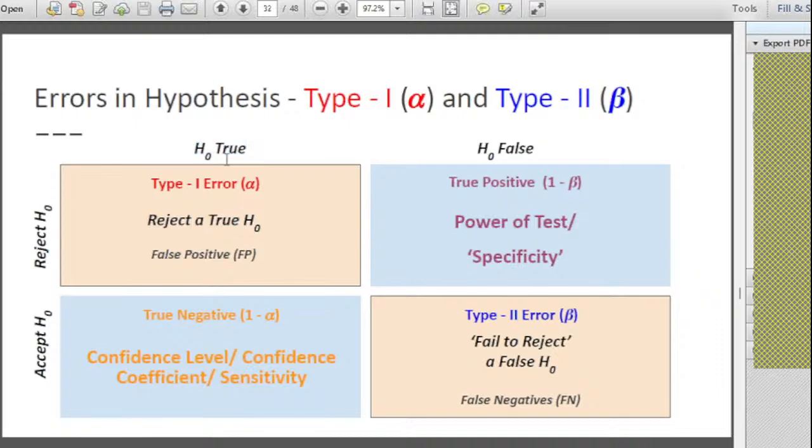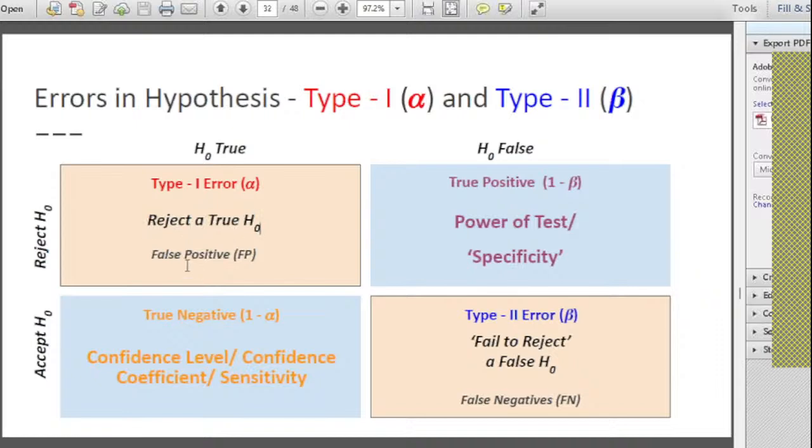But the test indicated positive. So that is rejecting a true null. We rejected a true null, and the test result was given that COVID was there. Not having corona, but the test is saying positive. That's what I said. Is that clear?